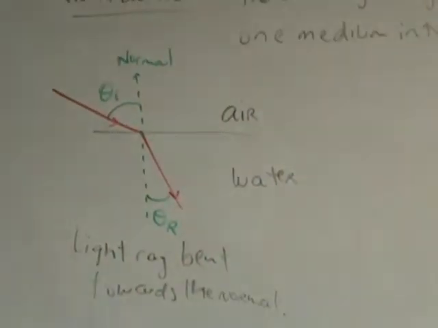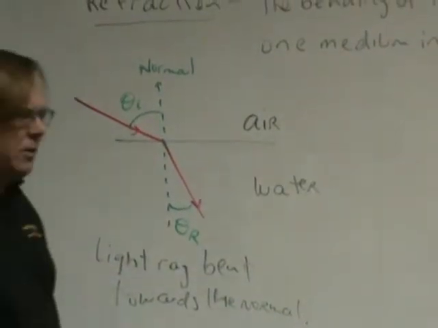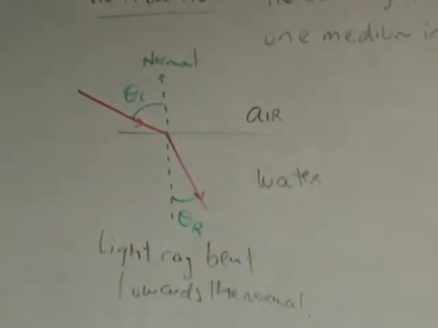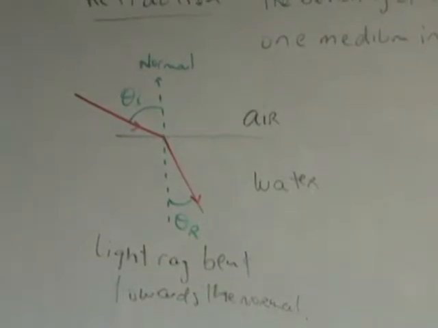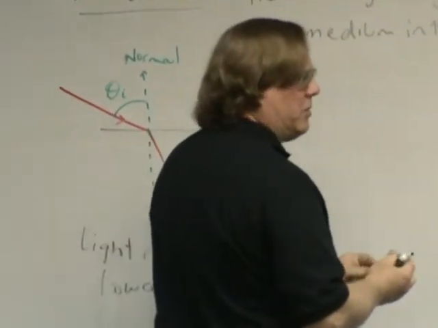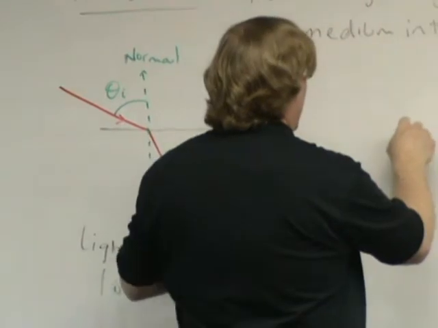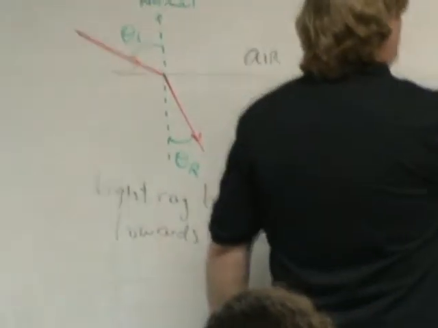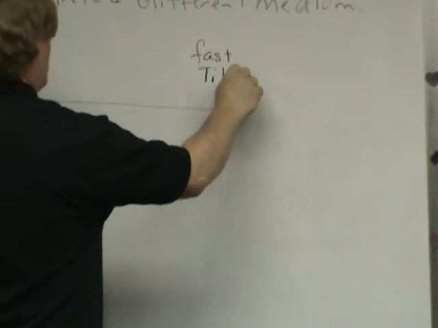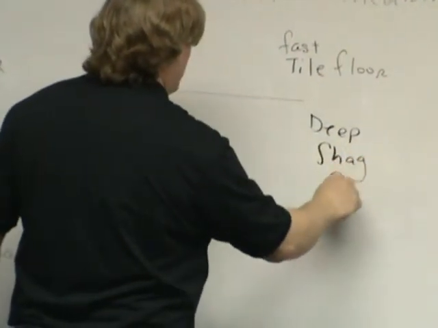I need to now show you why refraction of light occurs. And the best way to explain it is to talk in terms of a single axle child's toy. Imagine I've got a fast tile floor, and then here I've got deep shag carpet.